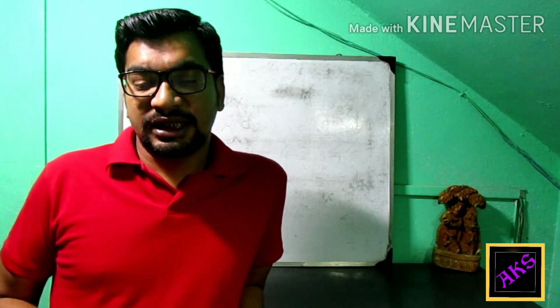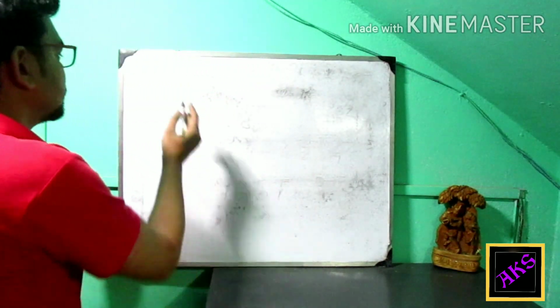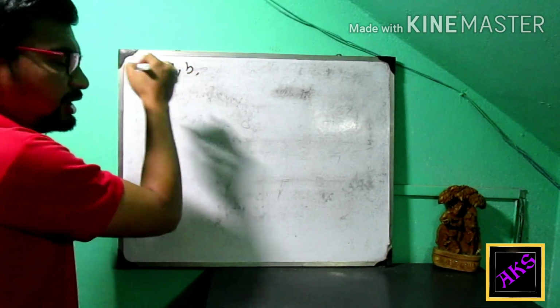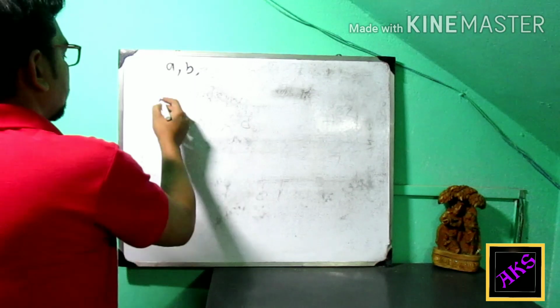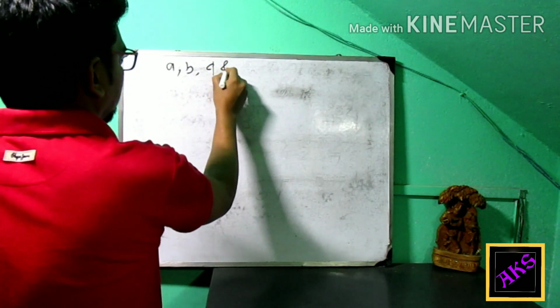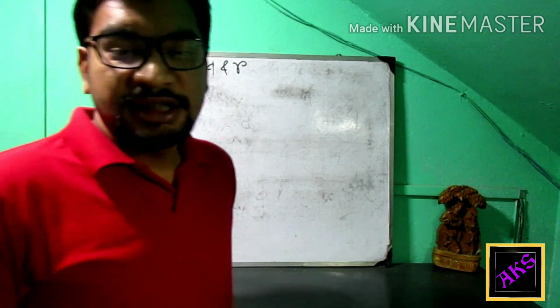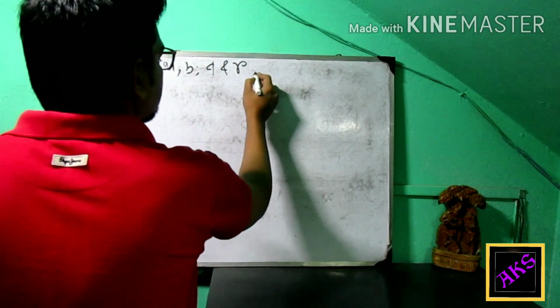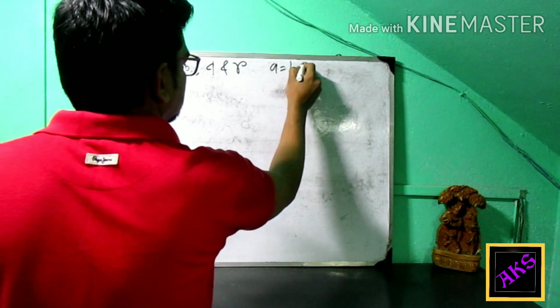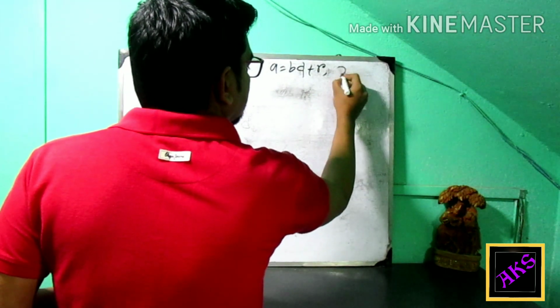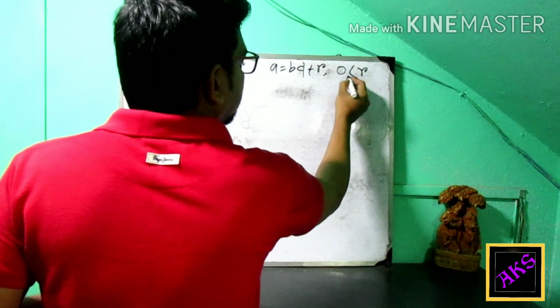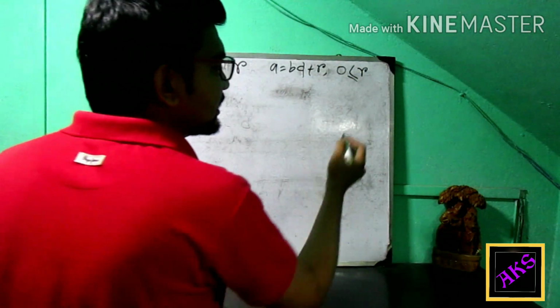Now, Euclid's division lemma states that for any two given positive integers a and b, there exist unique positive whole numbers q and r satisfying a equal to bq plus r, where r is greater than or equal to 0 and it has to be less than b.